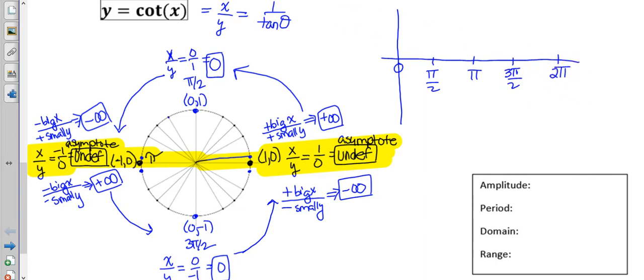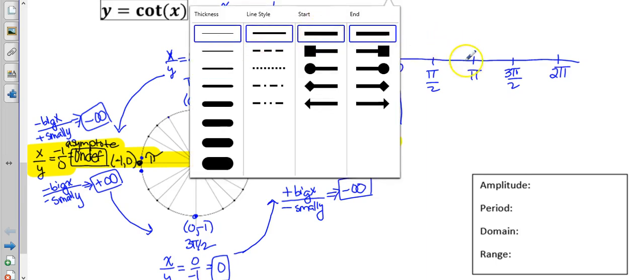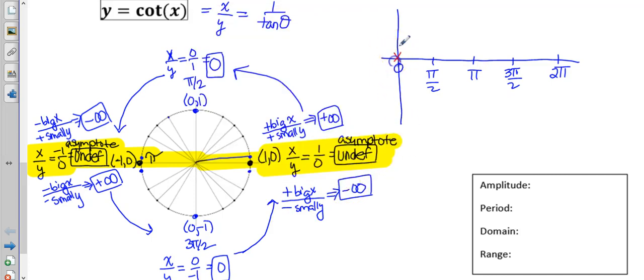Where are our asymptotes? So I'm going to X those out first. Now I have an asymptote at 0. Can't be here. Make that a little skinnier. And where else? So we had our first asymptote at 0, and then my next one at pi.